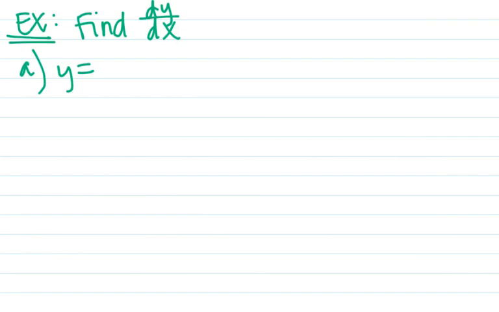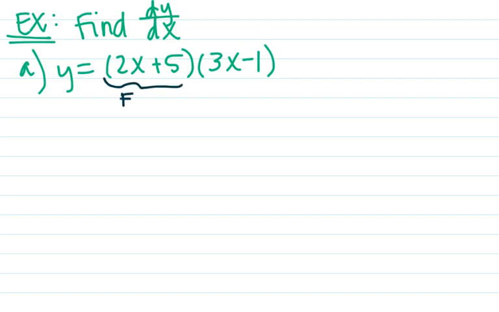So find dy dx if y equals 2x plus 5 times 3x minus 1. Okay, so with my little phrasing, this would be considered the first function, and I would be considering this the last function.